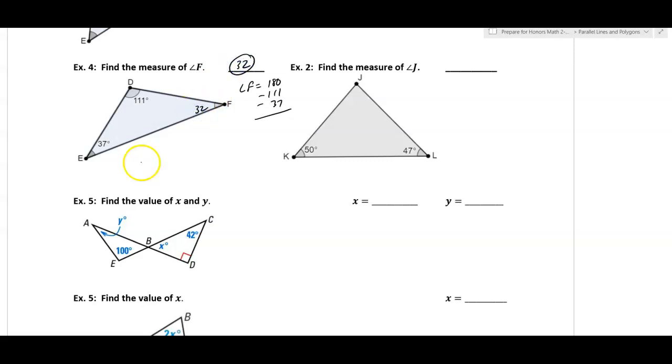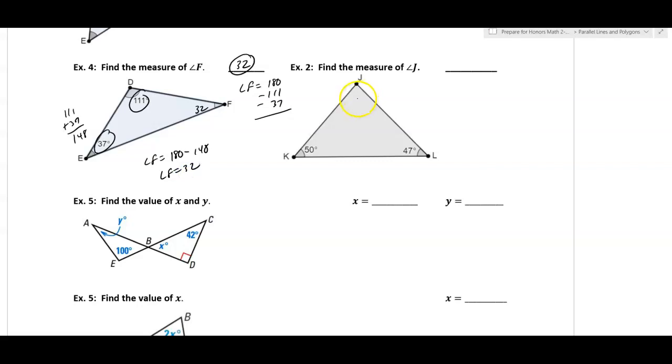Now, some other people may say angle F, right? They're going to add these two together. 111 plus 37 will give you 148, and then do 180 minus 148, which will give you 32 degrees also. Doesn't matter to me.